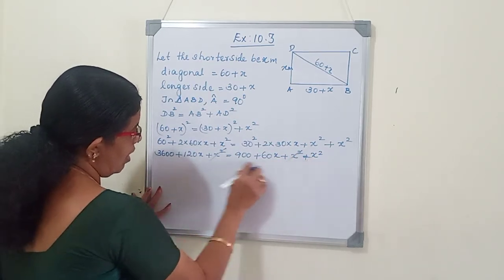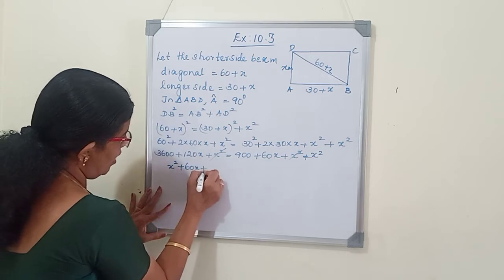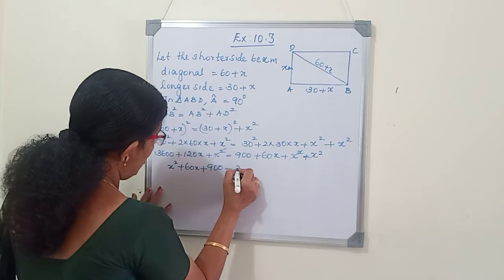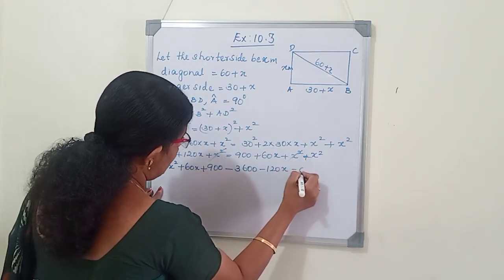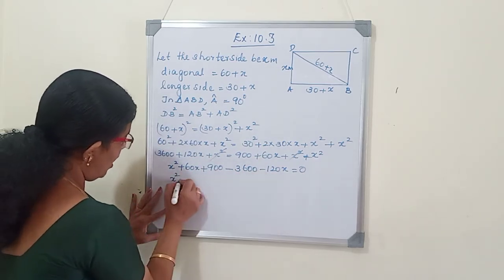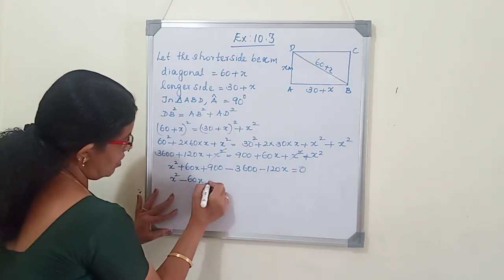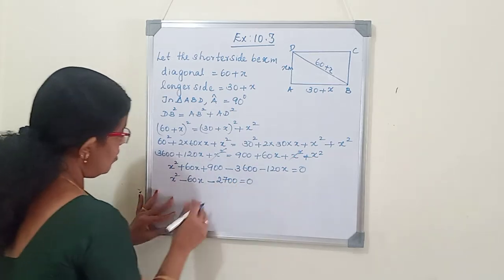First I will start the RHS. x square plus 60x plus 900 minus, take these two terms to the right side, 3600 minus 120x is equal to 0. So x square, 60x minus 120x is minus 60x, 900 minus 3600 is minus 2700, is equal to 0.